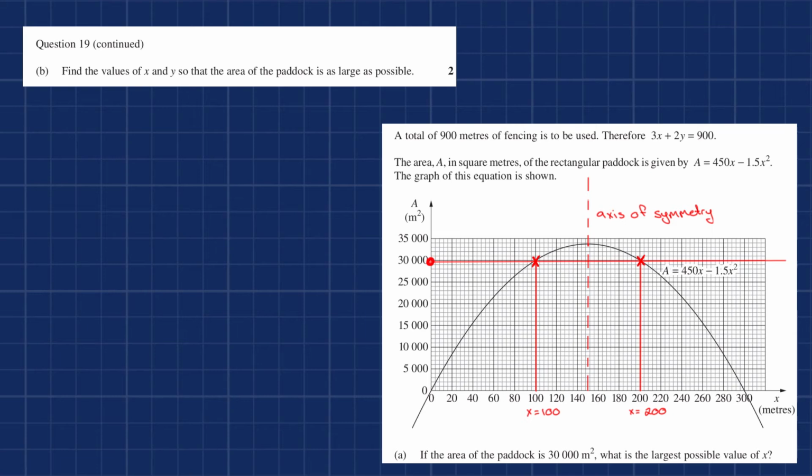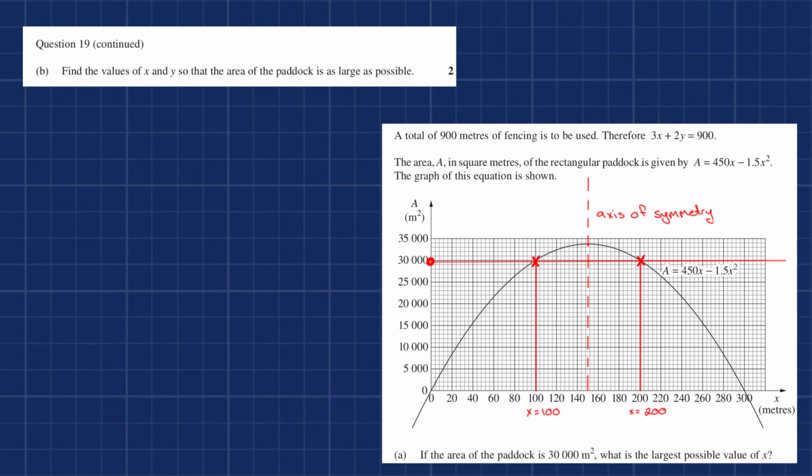So obviously the highest point that it can reach is the point at that axis of symmetry. That would give us the highest value. If this parabola was inverted, so it was a positive parabola, then it would be the lowest point, but because it's a negative parabola, it's the highest point. So how do we find the value of x at this axis of symmetry?